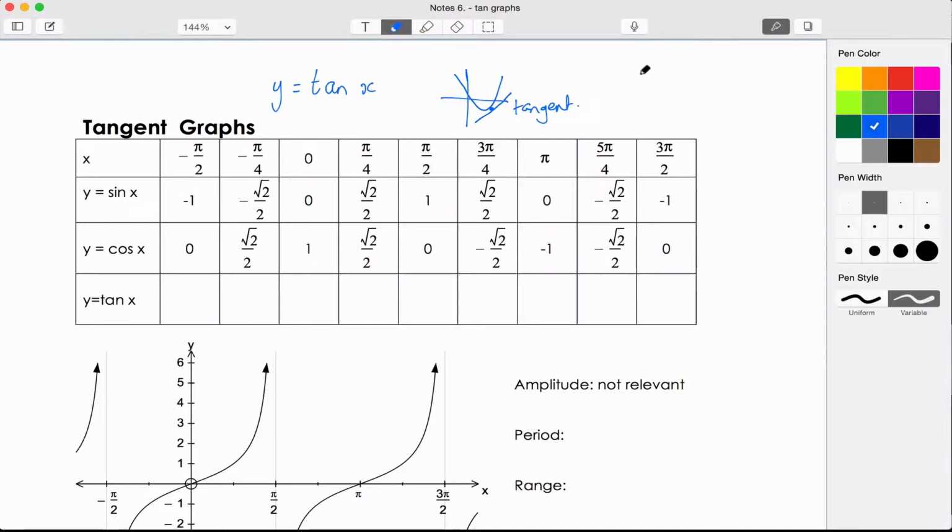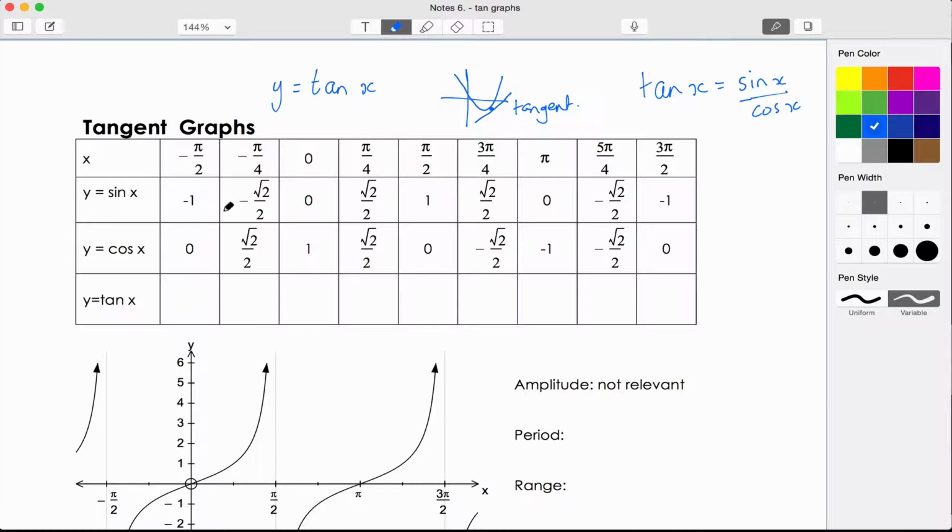Okay, I'd also like to remind you that tan of x is equal to sine of x over cos of x. And with that in mind, I've got a table here I've drawn up for various values of x in radians, you'll note, because there's a pi in these numbers.